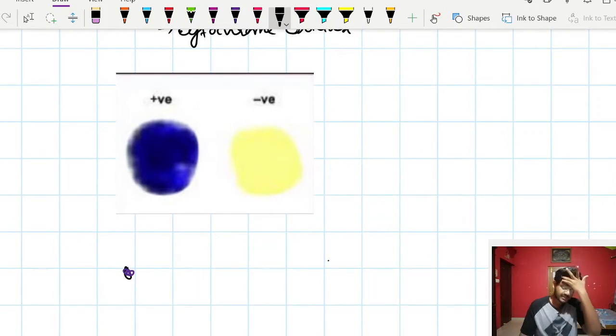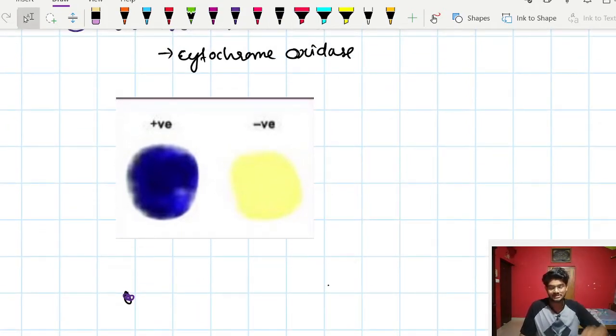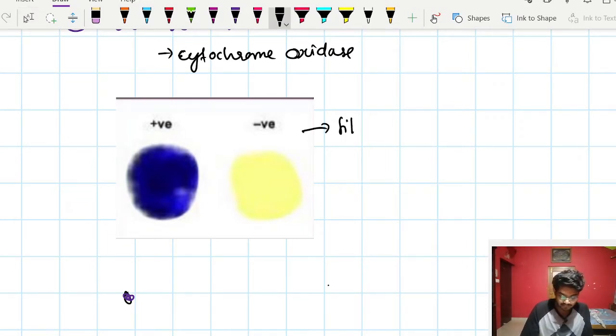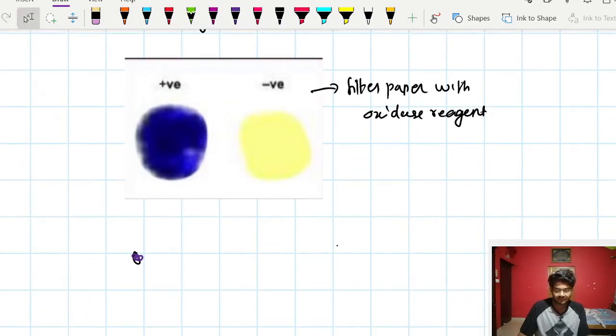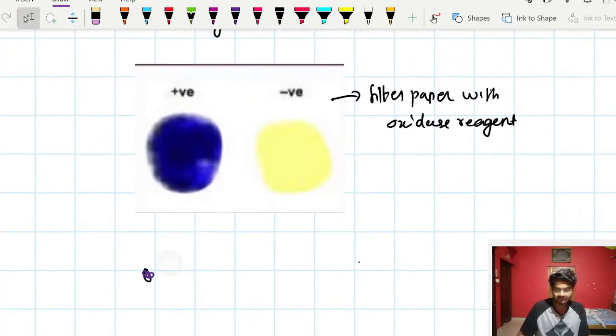So what happens is that we dip a filter paper in an oxidase reagent. This is the filter paper. We spread it onto cultures of the bacteria that we want to test.